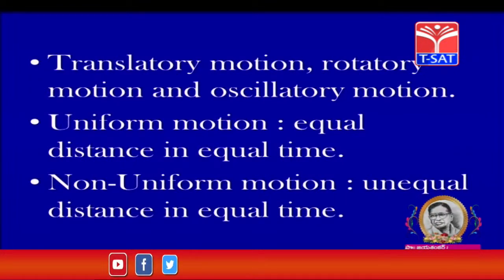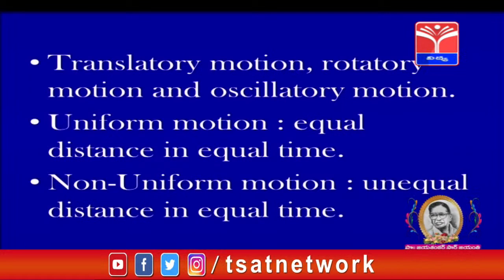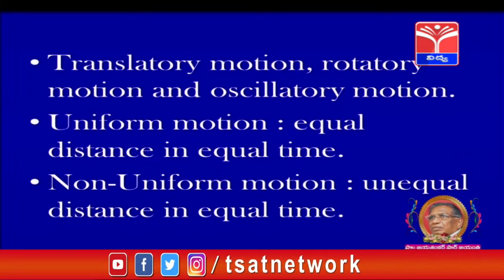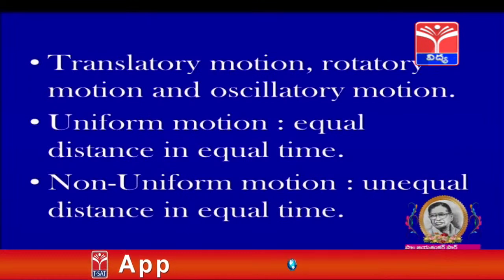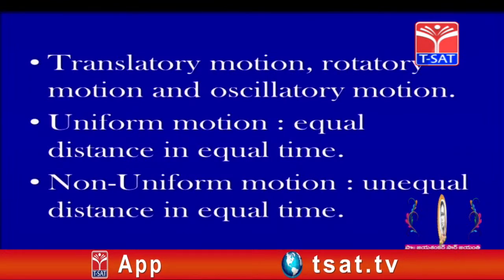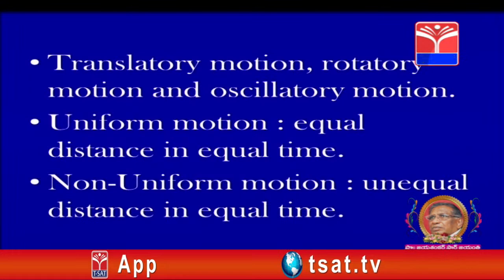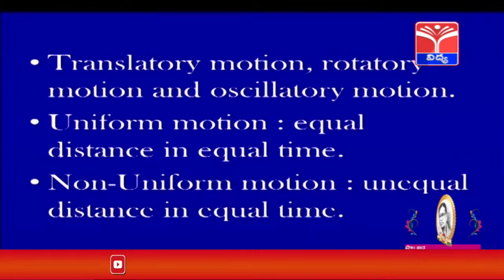We also studied uniform motion, which is covering equal distance in equal time. Then what is non-uniform motion, children? Unequal distance in equal time is non-uniform motion. Children, am I clear with this lesson motion?